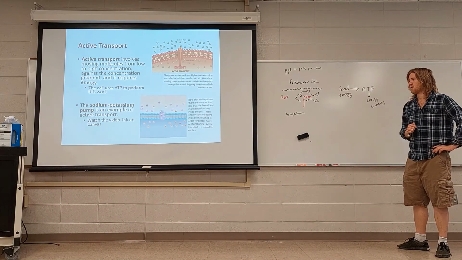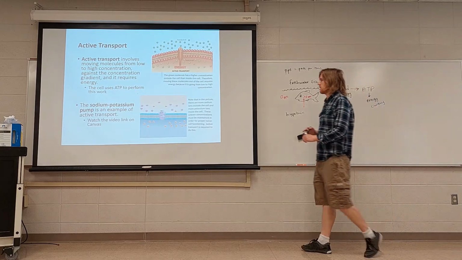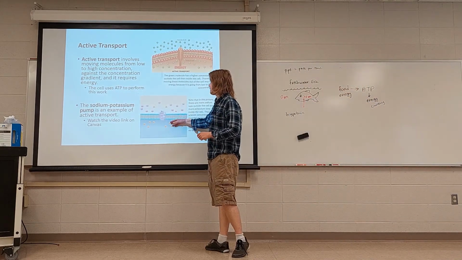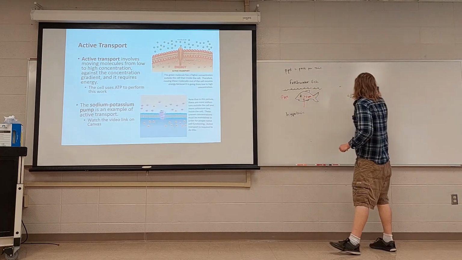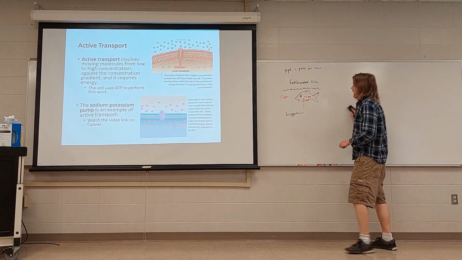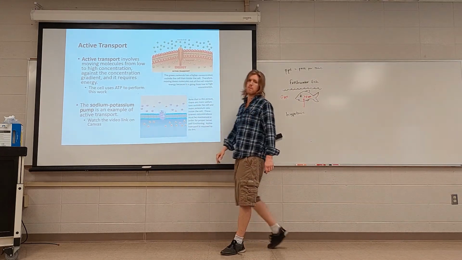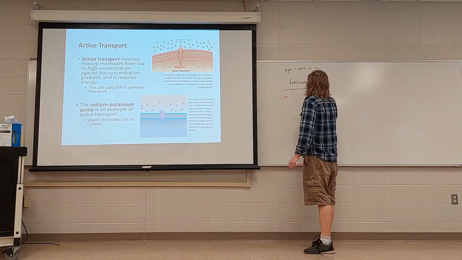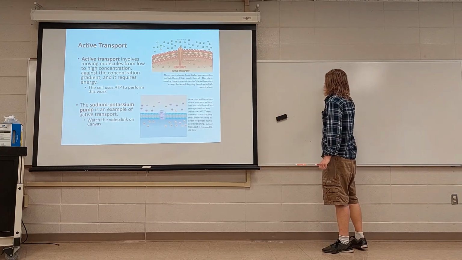So in order for your nerve cells to properly function, you have to have a certain distribution of sodium and potassium within your cell. And I'll go ahead and draw that up here. I recommend that you watch the video that I've got linked in Canvas for this. But here's the general idea.